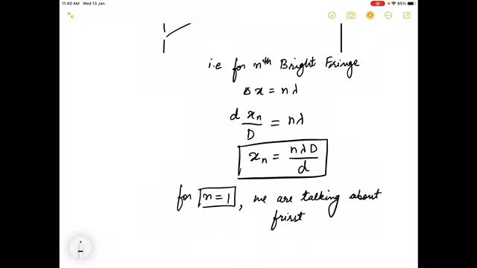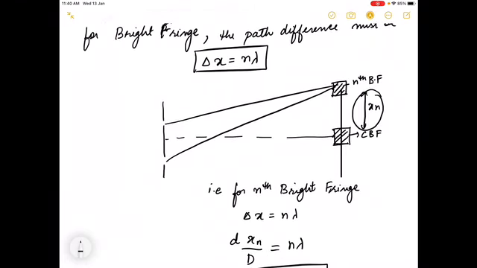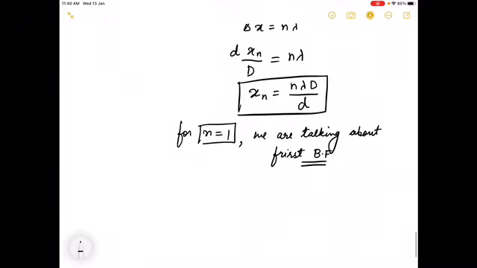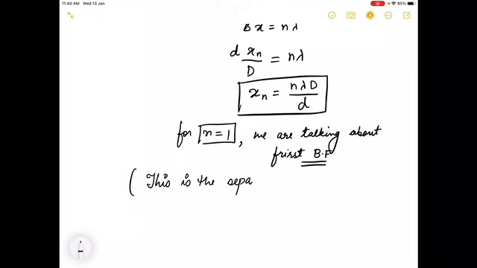This was your nth bright fringe. After this you will get a dark fringe, and after that you again get a bright fringe. This will be your first bright fringe. So we are talking about the distance between this one and this one. This is x1. This is the separation between two bright fringes.